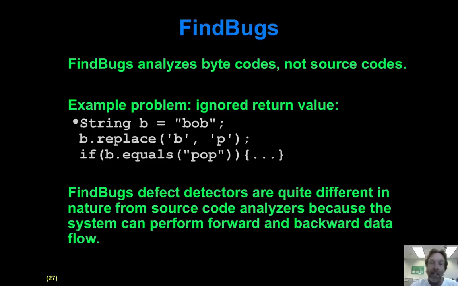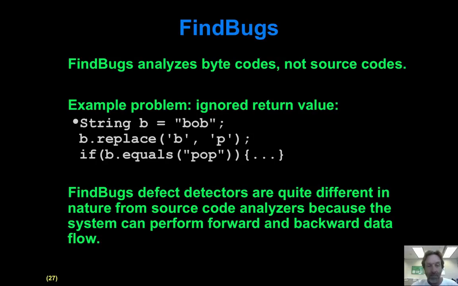And because of that, it can find certain kinds of errors that the source code analyzers can't, because it can actually do data flow analysis back and forth. So here's an example where you have a string b, you set it to be "bob", and then you call the replace method on the string b to replace all occurrences of b with p, which creates a string called "pop".